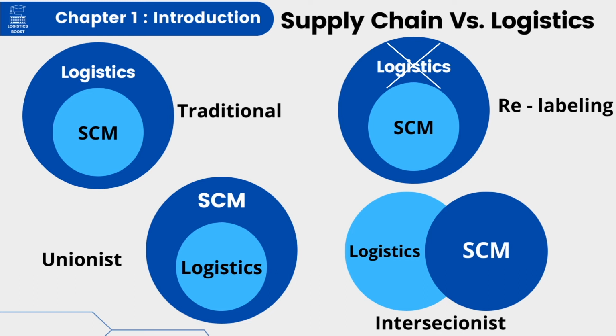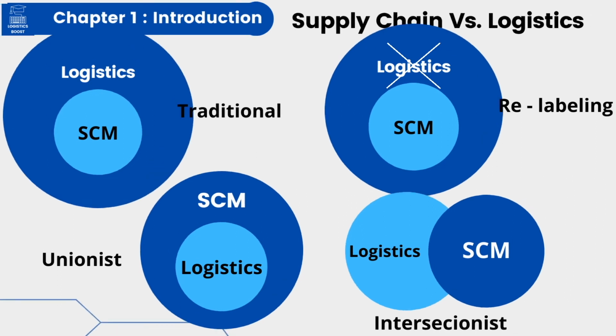In terms of relabeling, it is argued that logistics has been replaced by the more modern term supply chain management. Logistics is viewed as part of a wider group, supply chain management, by unionists. And finally, the view of the intersectionists indicates that there is overlap between parts of both logistics and supply chain management, but also that each has separate and distinct elements.